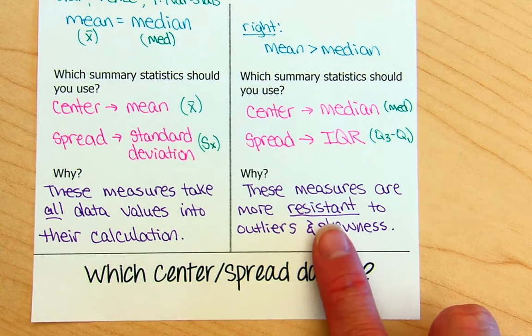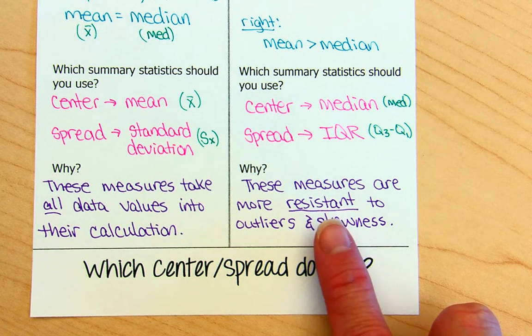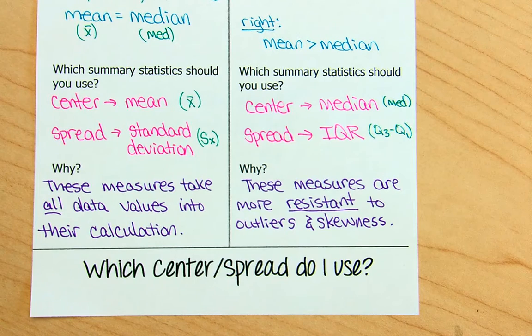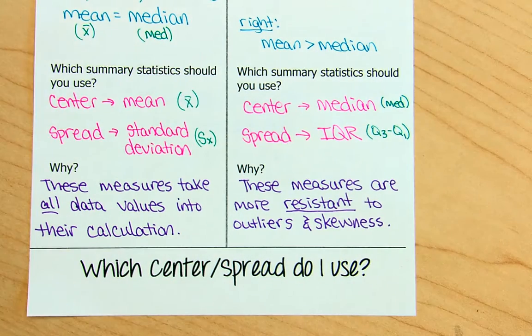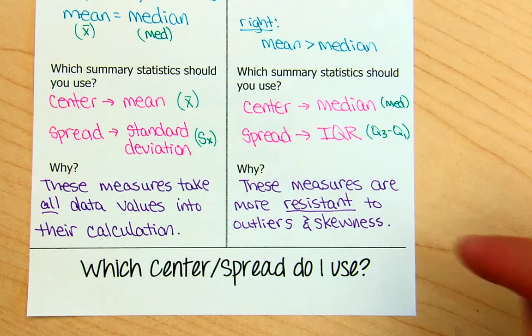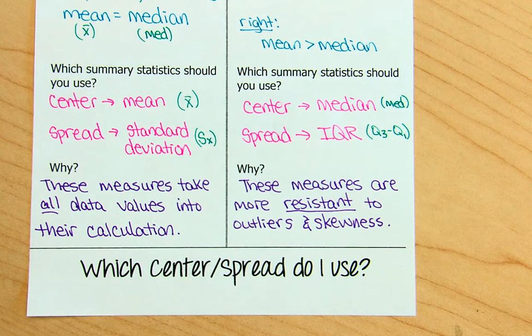This idea of resistance is an important idea in statistics. We use it because the outliers and the skewness does not affect these measures. I can guarantee you, something on the AP test will be about resistance, because it's an important idea. So we're going to spend some time talking about it throughout the year to make sure you are able to see that.